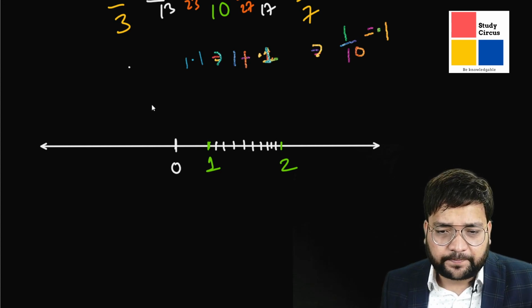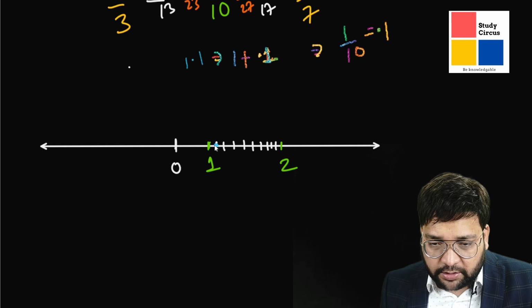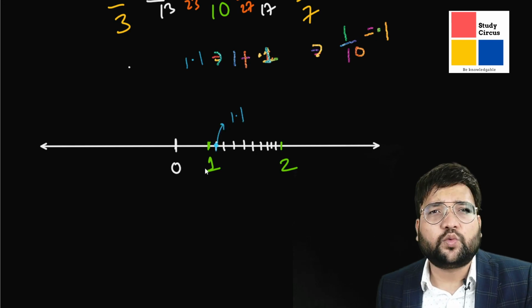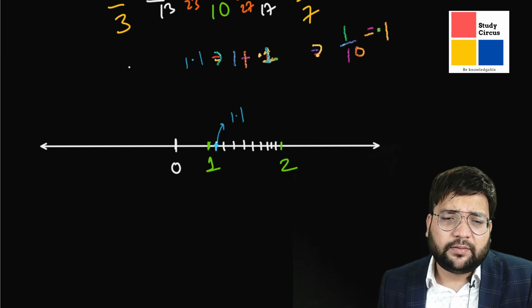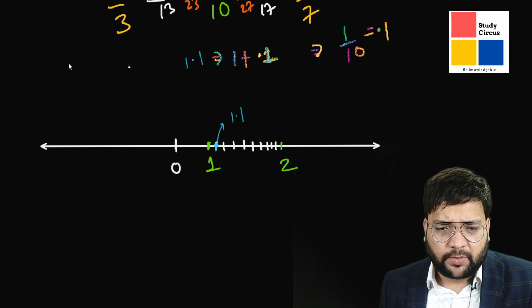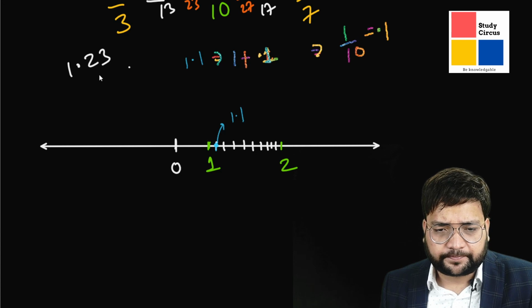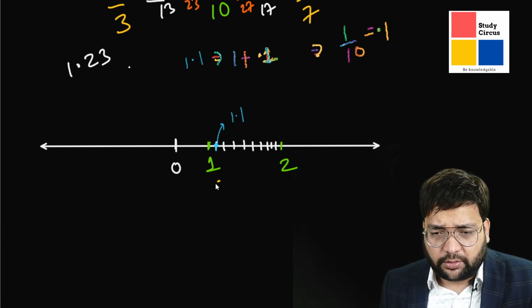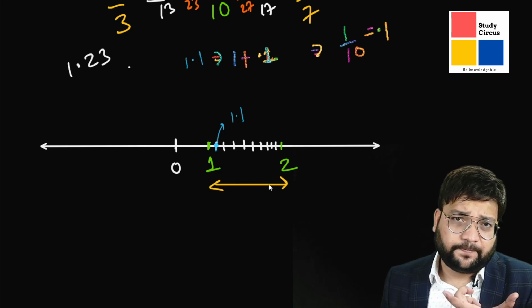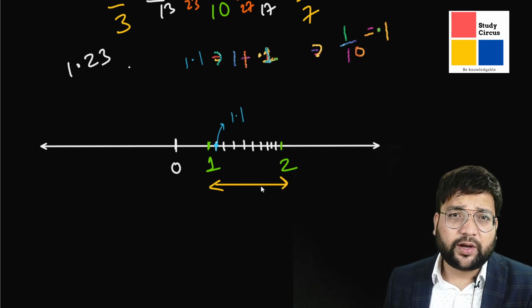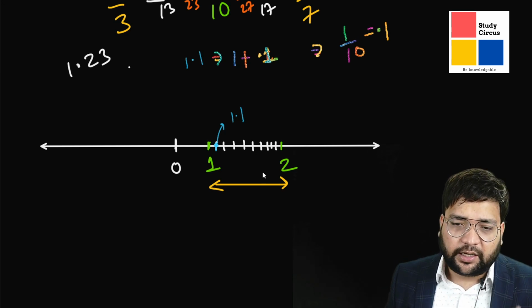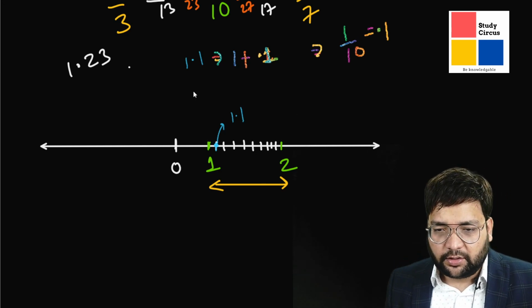So I can say that okay, this particular point, this number is what? 1.1. This is 1.1. So any number I can do the same, maybe 1.23. How to represent this? The separation between 1 and 2, you divide in 100 equal parts, and then take 23 out of them, right?